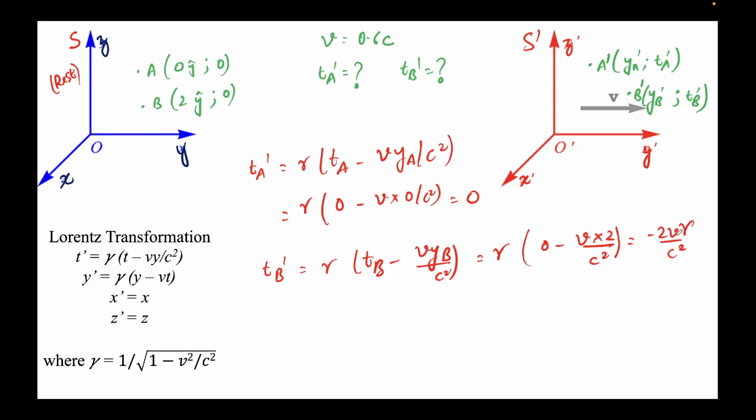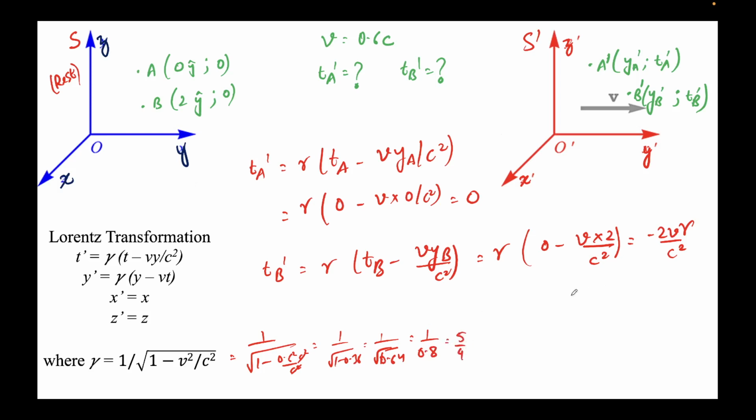We know the value of v, but we first should evaluate gamma. Gamma is 1 over the square root of 1 minus 0.6 squared c squared over c squared. The c squared cancels, so this is 1 minus 0.36, which is 0.64, and the square root is 0.8. So gamma is 1 over 0.8, which is 5 by 4.